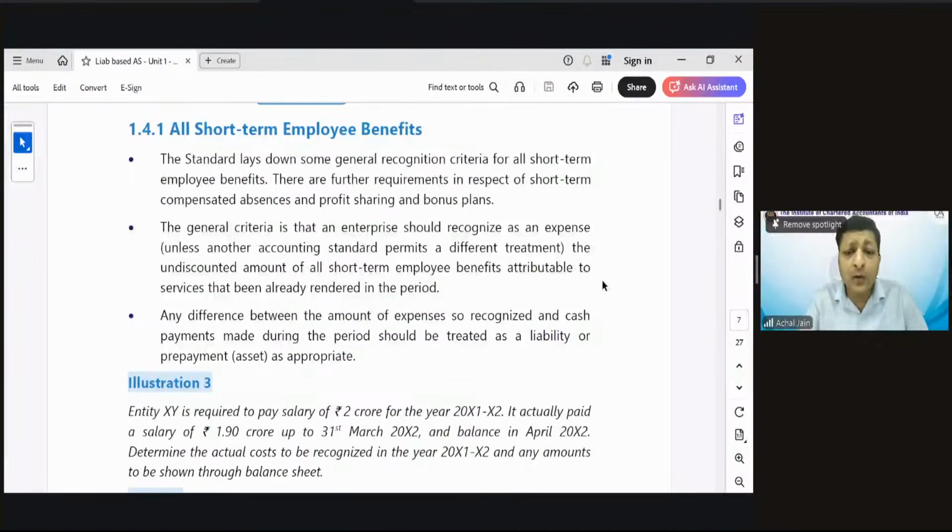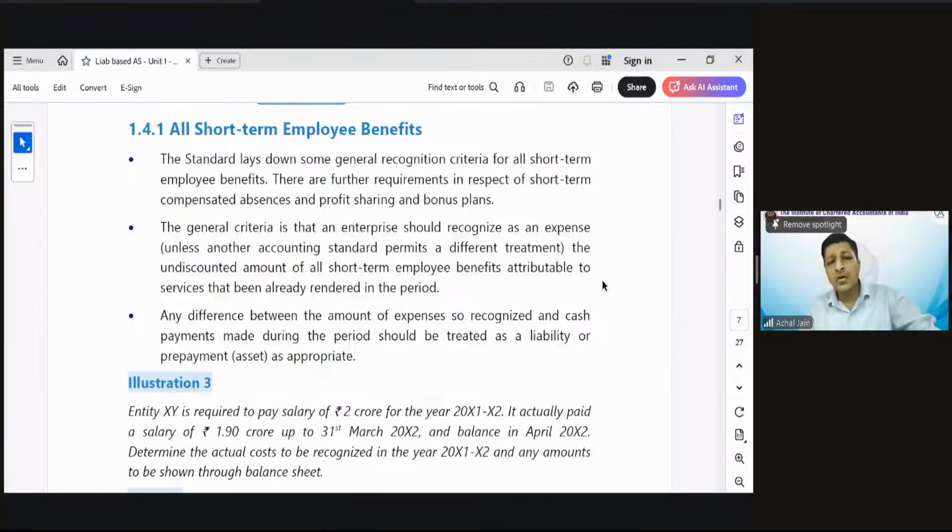Yes, sir. Now, tell me further, what type of employee benefit will you call it, and why? It is a short-term benefit because it is payable within a year. Very good. It's a short-term employee benefit, but in this case, if you look at it, it is bifurcated into two parts.